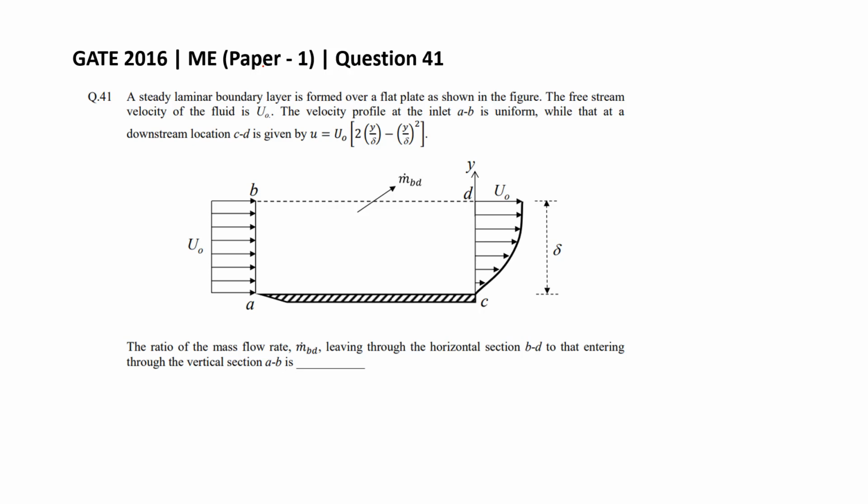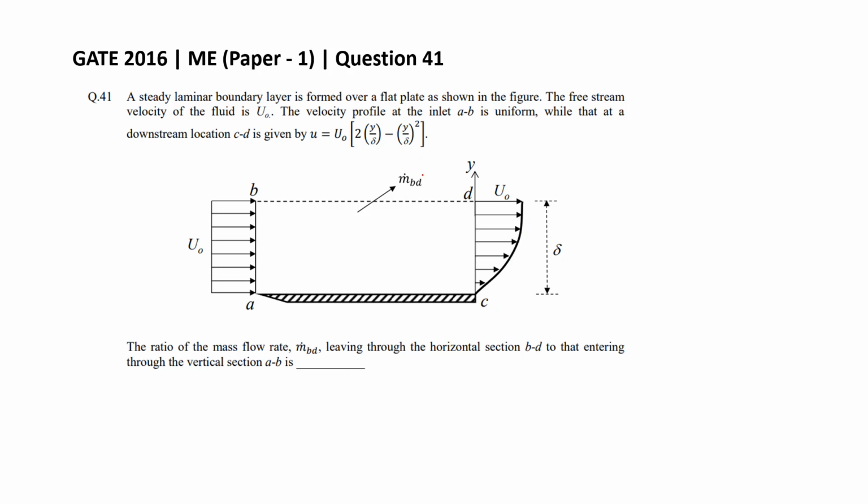A steady laminar boundary layer is formed over a flat plate as shown in the figure. The free stream velocity of the fluid is u naught. So this is the free stream velocity. The velocity profile at the inlet AB is uniform, while that at downstream CD is given by some parabolic profile.